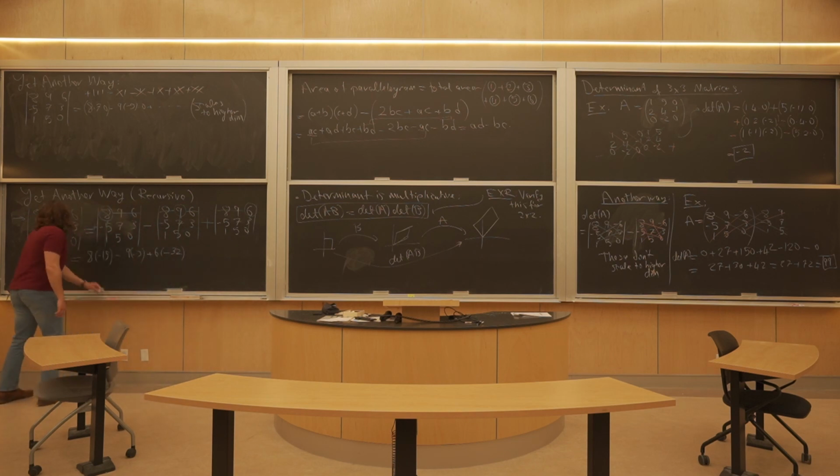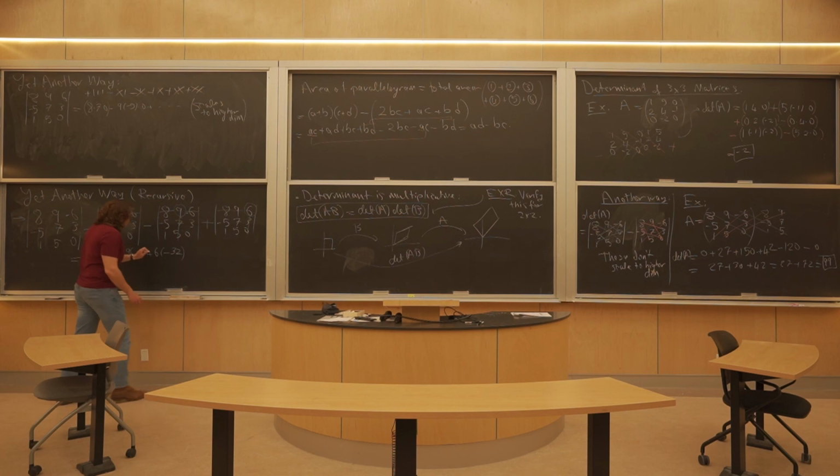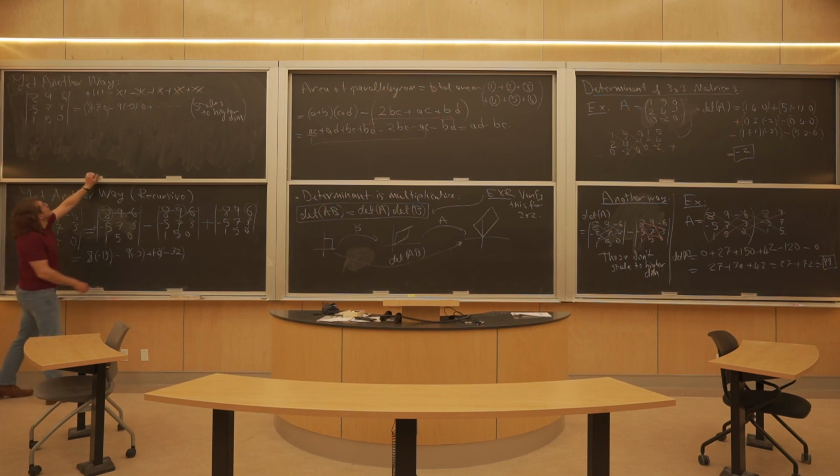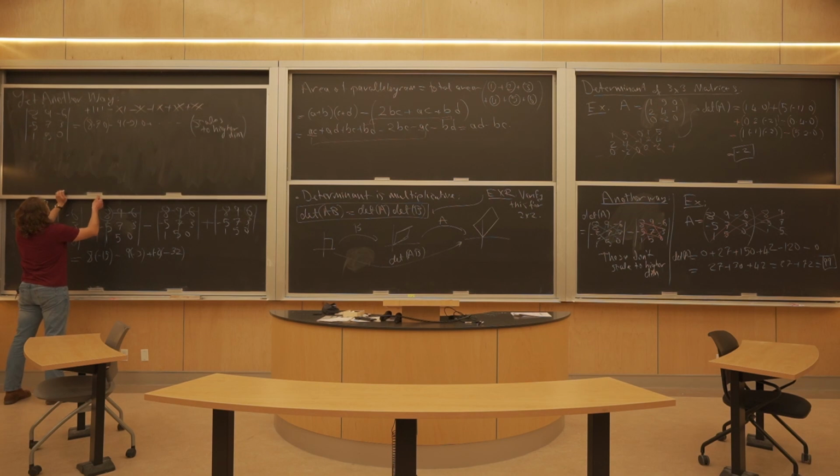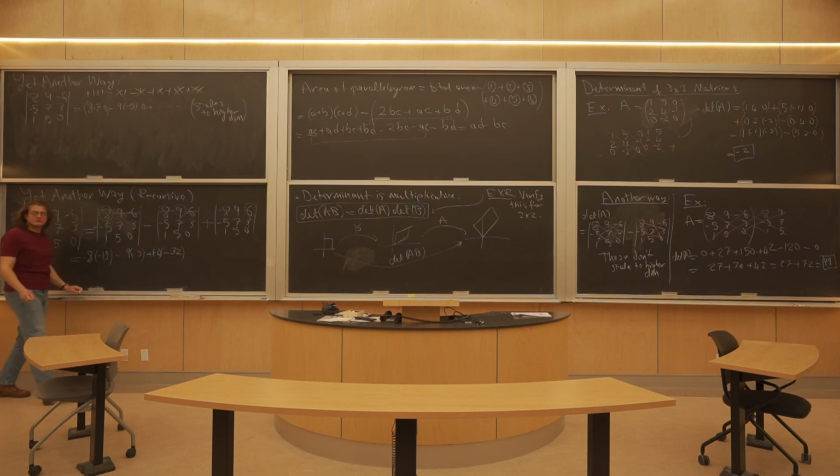If this is wrong, then this is also wrong. And here, minus 6. Assuming that the numbers we started with are the same, you should get back the same number in here as well. Any questions about this?